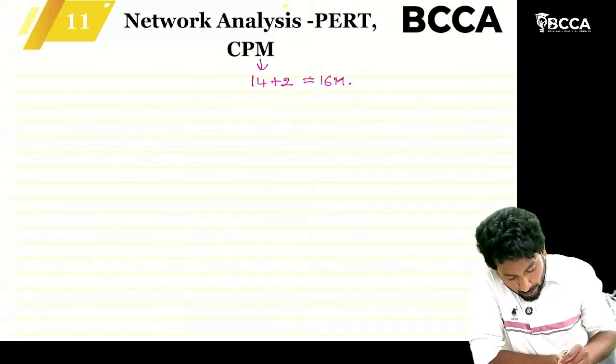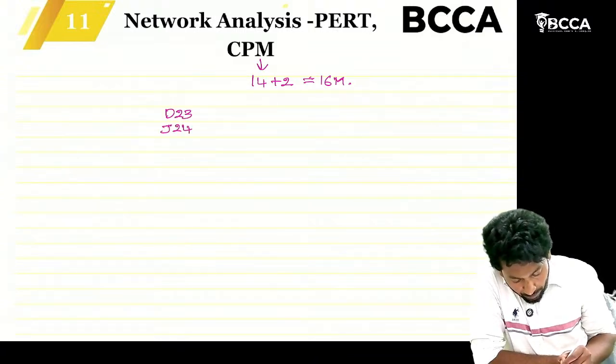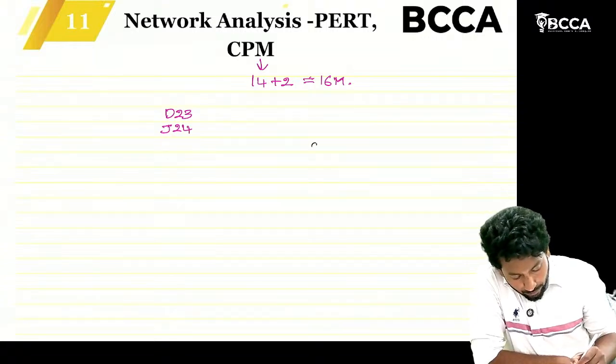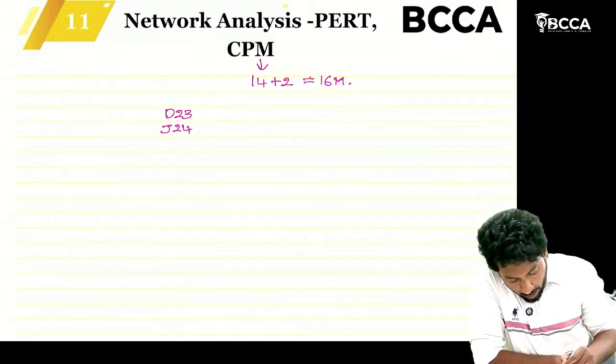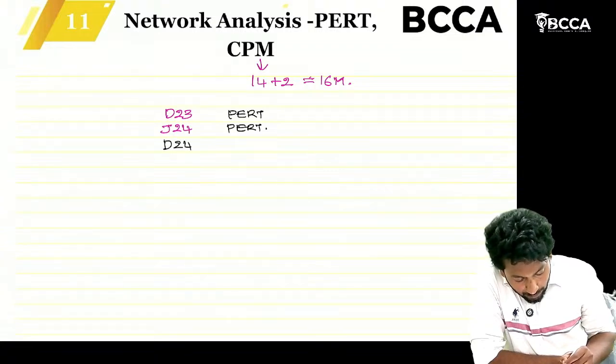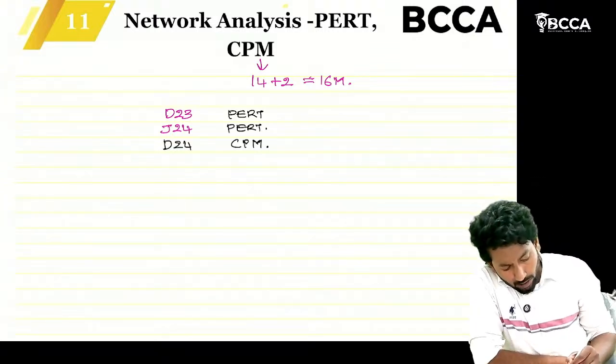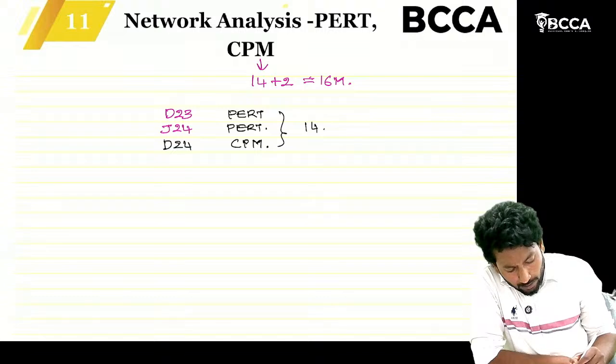In the previous 2 attempts, December 23 and June 24, they asked a question from program evaluation review technique. In December 24, a crashing CPM question was asked in the examination. These 3 questions are for 14 marks.